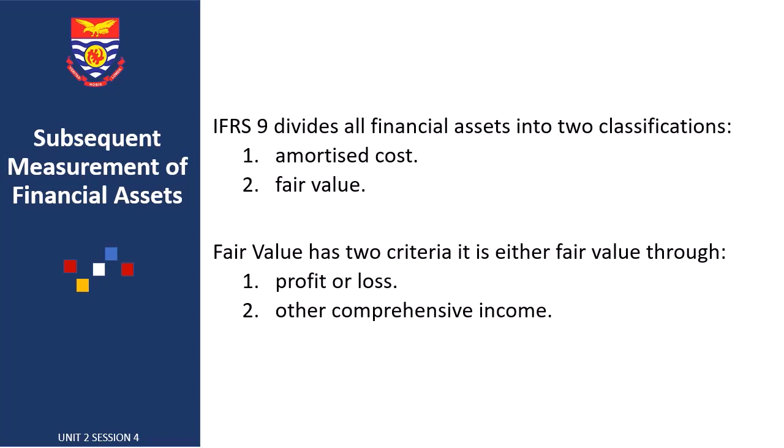Fair value, however, has two criteria: you either measure at fair value through profit or loss, or fair value through other comprehensive income. And we've looked at what fair value is. That is IFRS 13 in Unit 1. And it is that same fair value we are talking about here.